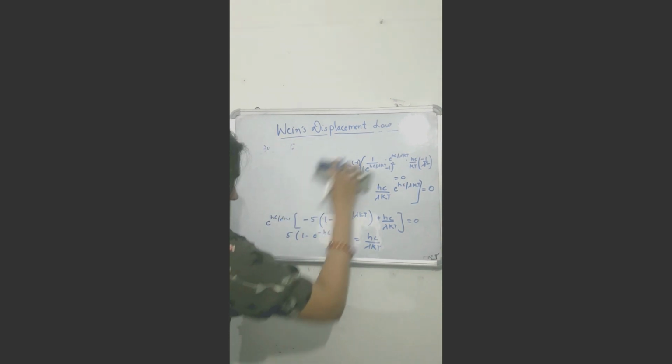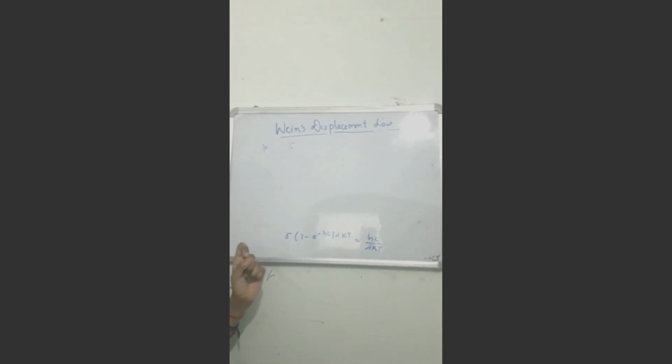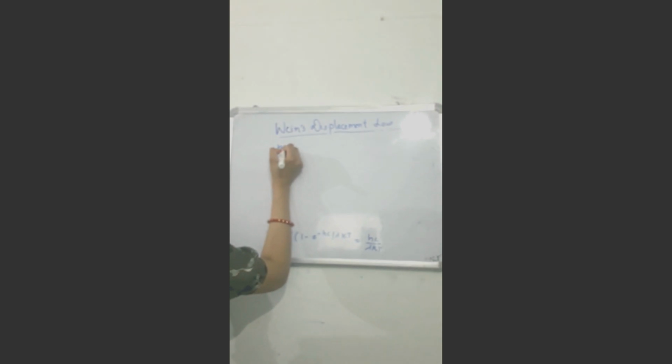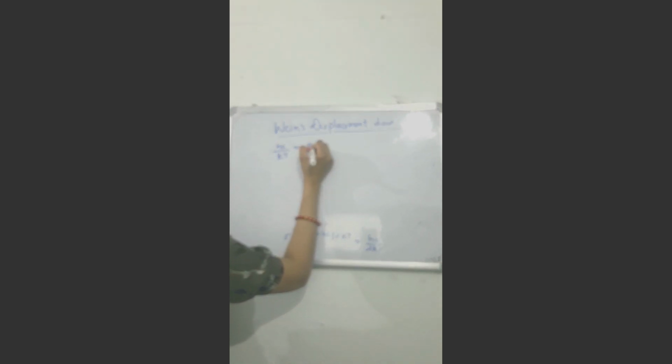Now we are going to solve it as simply as we can. We take hc/kT as some constant alpha.